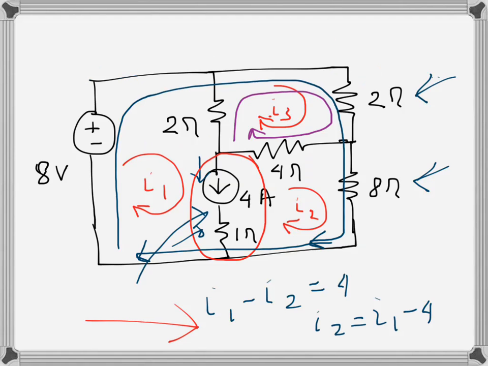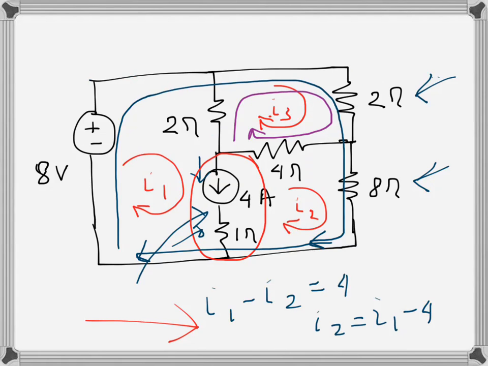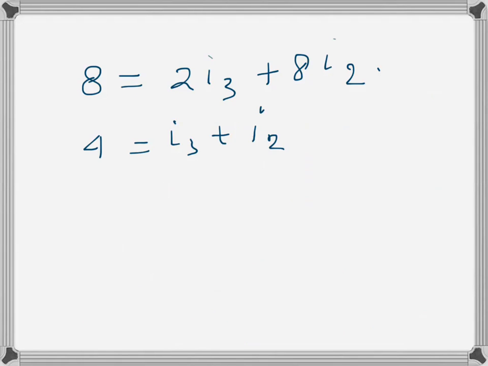Now what we are trying to express is I2 and I3 in terms of I1. Because we already have expressed I2 in terms of I1, let's do that for I3 as well.